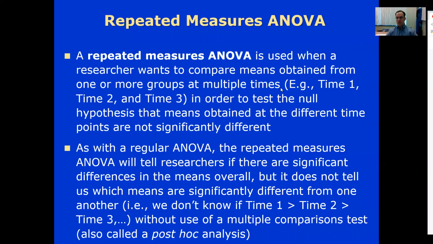Now, the repeated measures ANOVA is another type of statistic, and it's used when a researcher wants to compare means obtained from one or more groups at multiple time points. Let's say baseline, middle, and end of a particular time. So it might be baseline, 4 weeks, and then 8 weeks, in order to test the null hypothesis that the means obtained at the different time points are not significantly different.